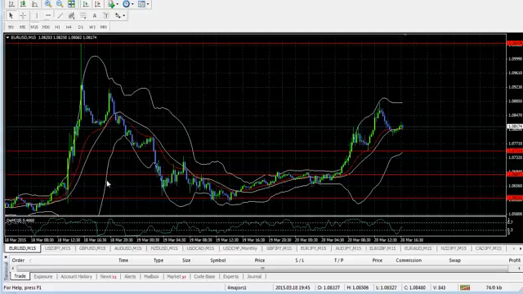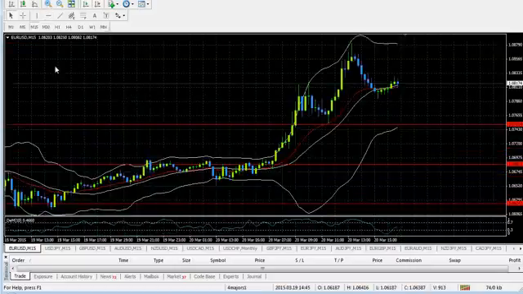if you were patient enough and waited for this to bottom out right before this huge 400 pip move, you had so many chances to make money on every single dip on a 15-minute chart. Every single dip. So when you're looking at the price action, I like a 15-minute chart.